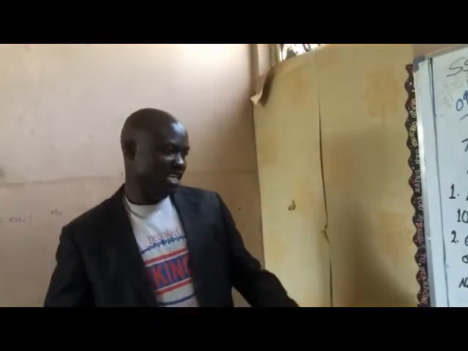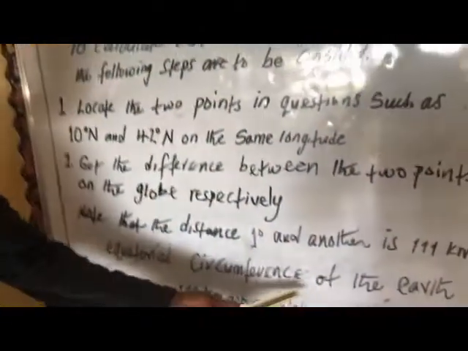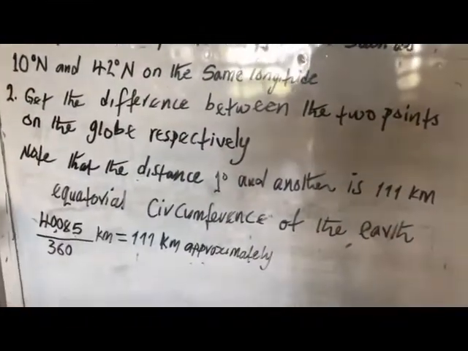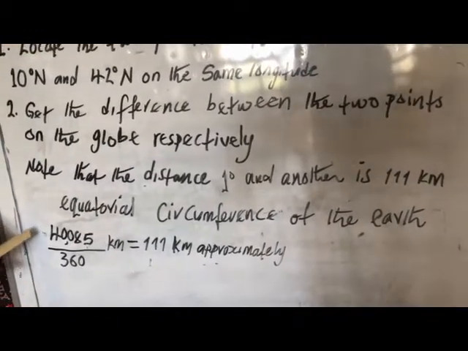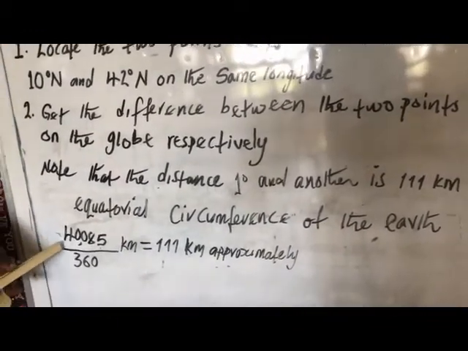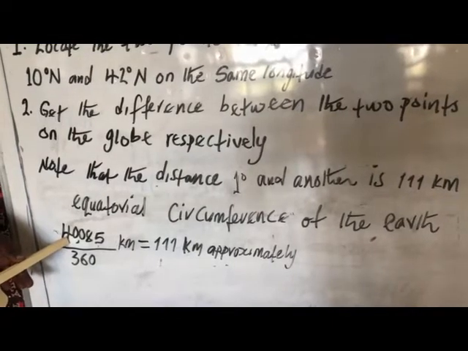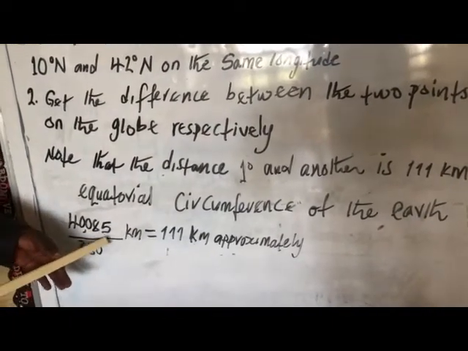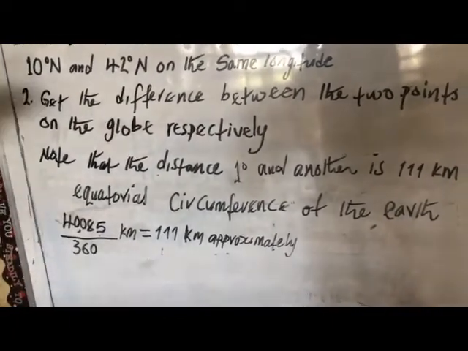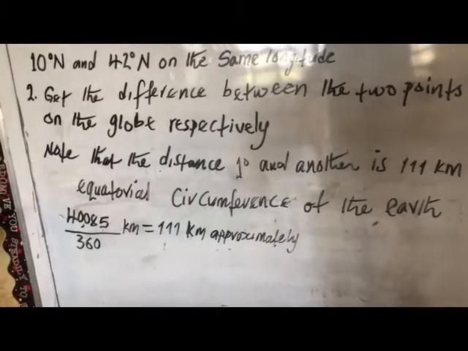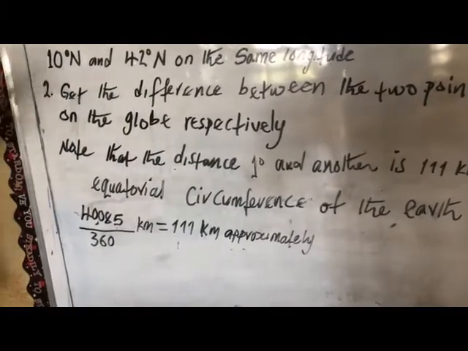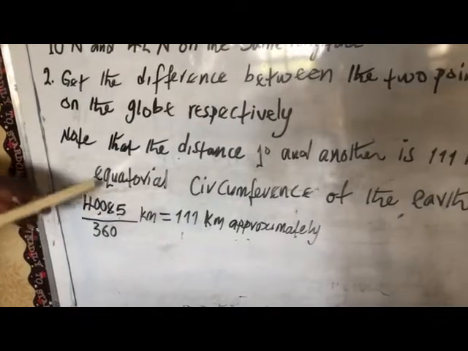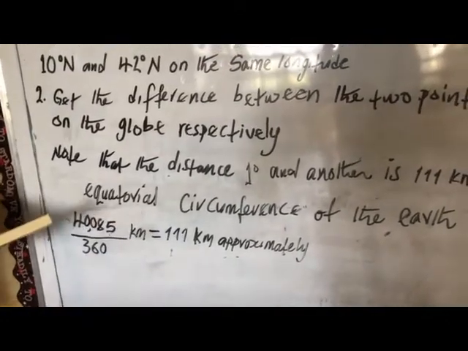That is the equatorial circumference of the Earth. This is the total equatorial circumference of the Earth, 40,485 kilometers.